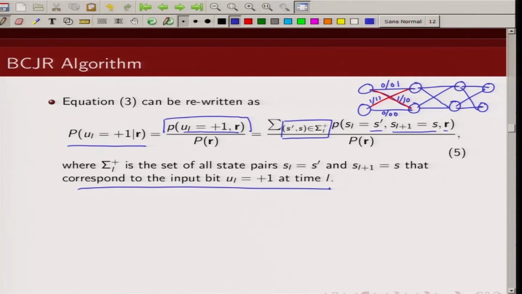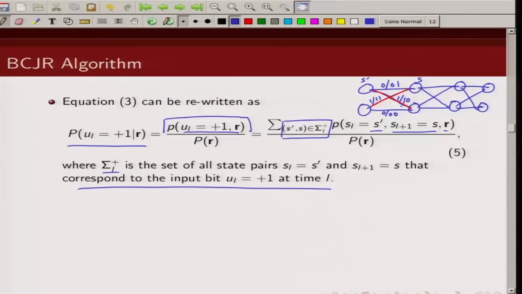Note what this sigma L plus is: it is the set of all state pairs where the initial state is S prime, the next state is S, and the input bit corresponding to a valid transition is +1. In this case, the set is given by this red line.